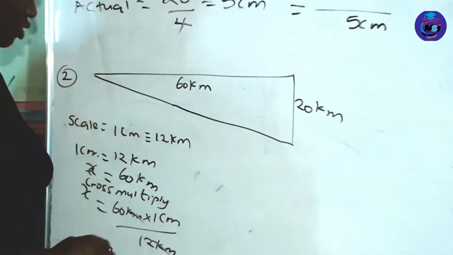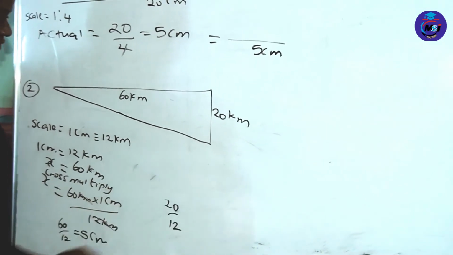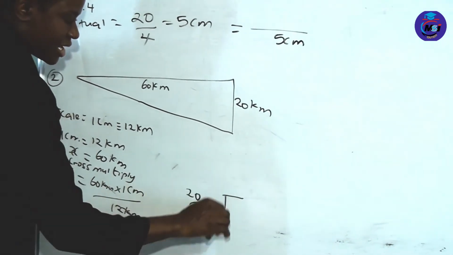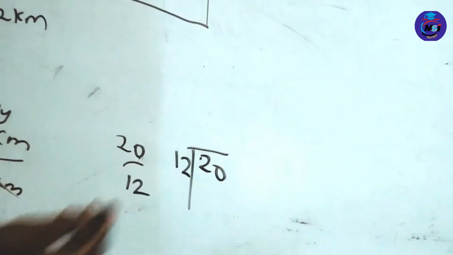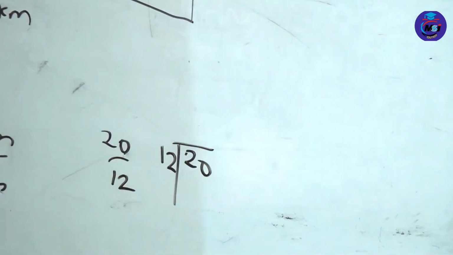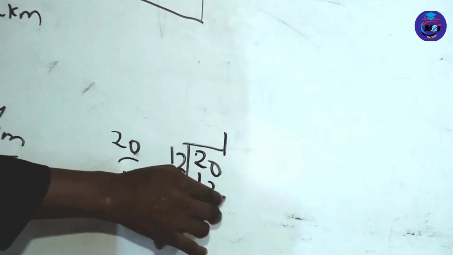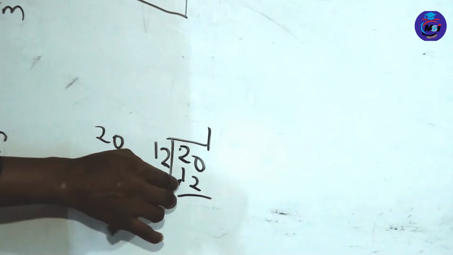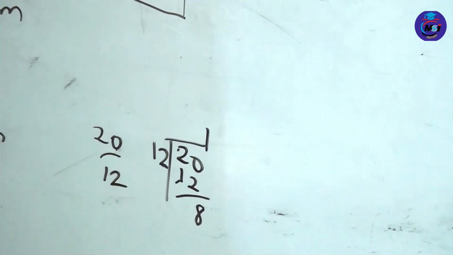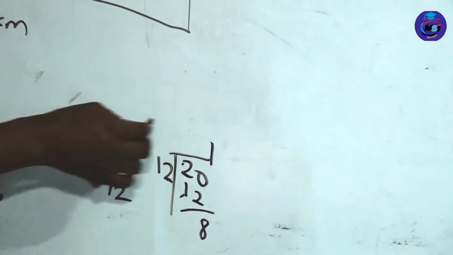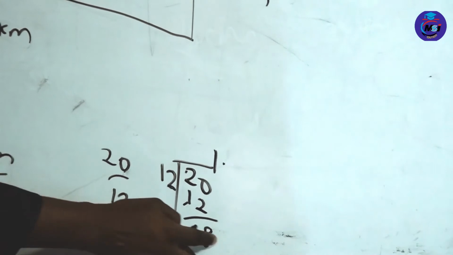Now for the 20 kilometers, we do the same, and it becomes 20 divided by 12. How many 12s can we find in 20? 1. 12 times 1 is 12. 20 minus 12 is 8. How many 12s can we find in 8? None. So we place a point here and add 0.